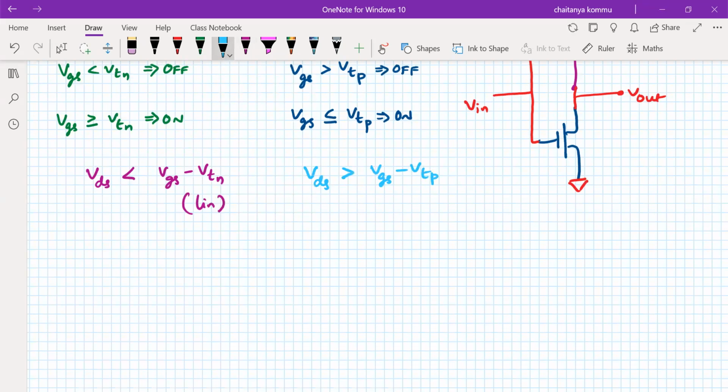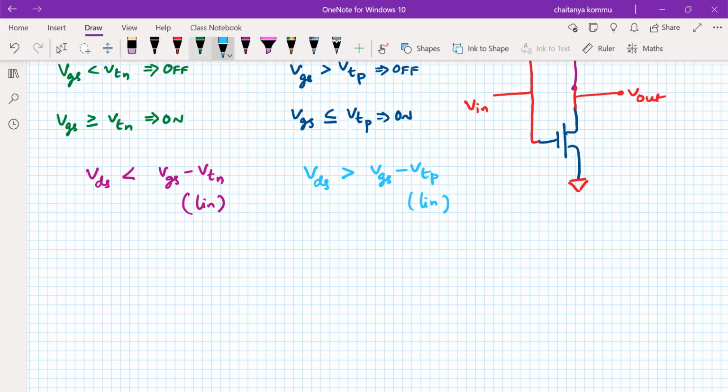So consider that VTP is negative for the PMOS, and VTN is positive for the NMOS. Please remember these points. VTP is negative for the PMOS, VTN is positive for the NMOS. Then it is in linear, right?